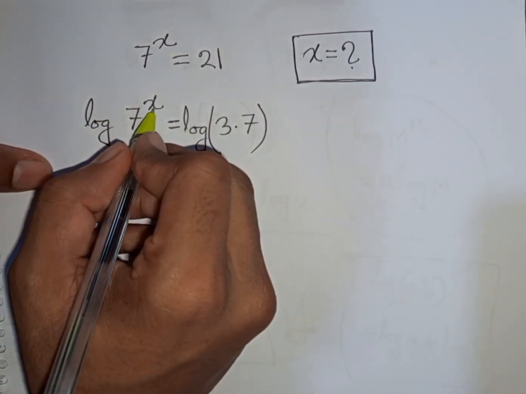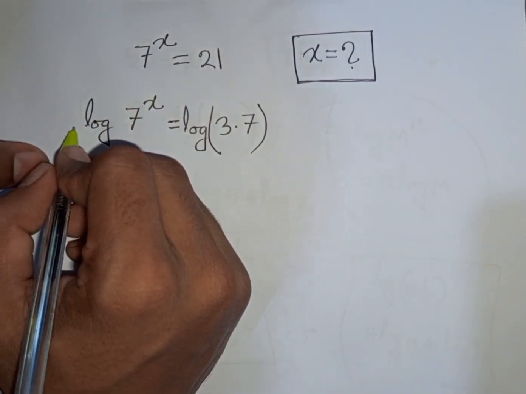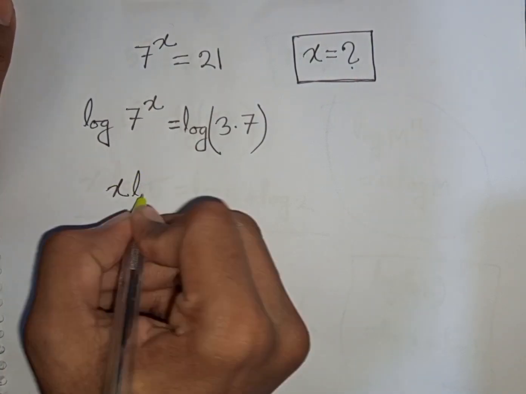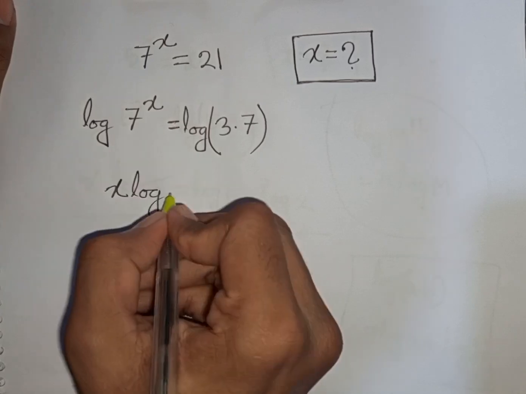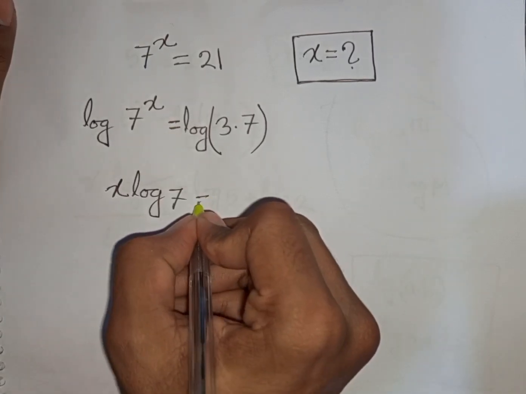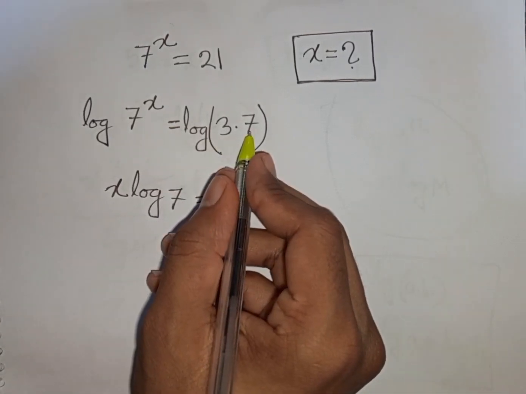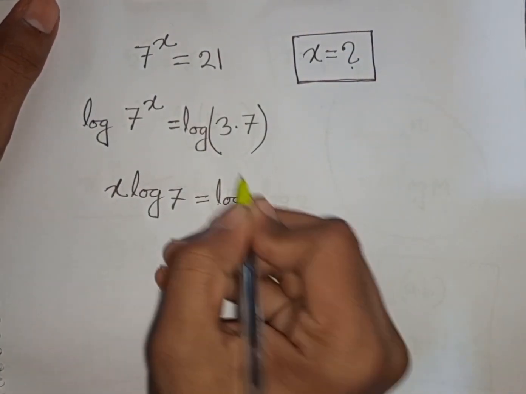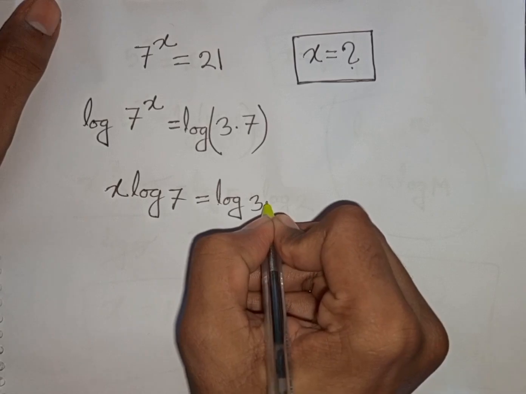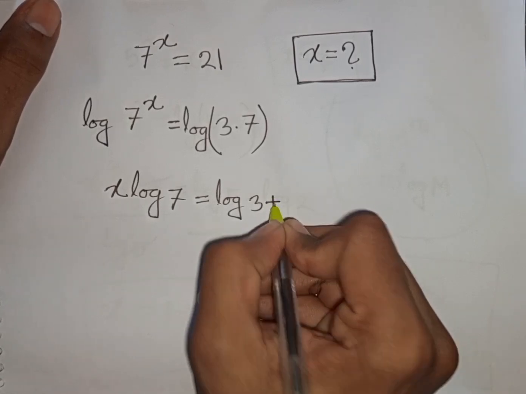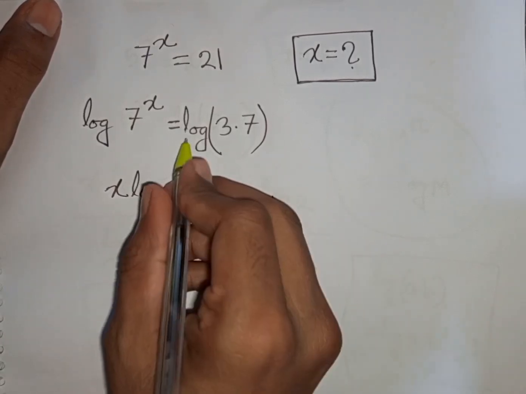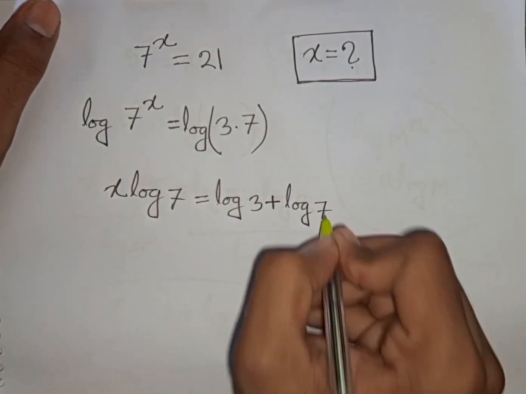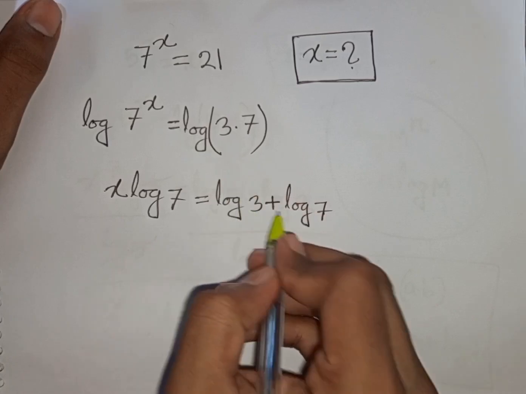Now this power x will move to the front, so we can write here x log 7 is equal to log of 3 times 7, that means it will be log 3 plus log 7.